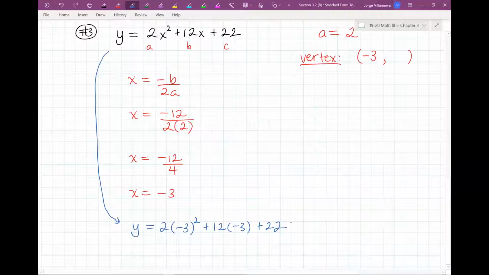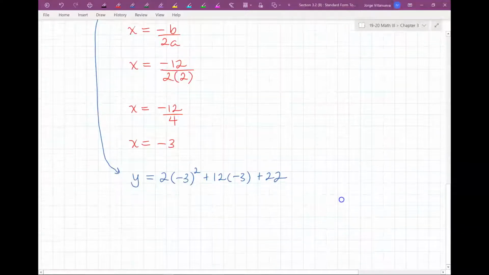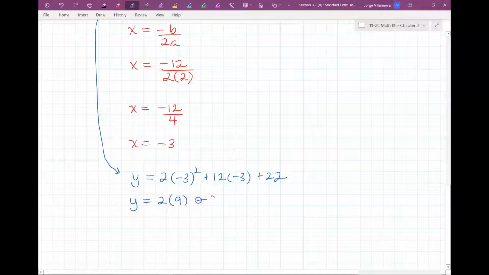It's not hard work, we're literally just dividing, guys. It's just you have to remember what to do with it. Same with the stuff I'm writing in blue. You're going to plug it into an equation, and hopefully you don't mess up on a calculation. So y equals 2 times 9 minus 36 plus 22.